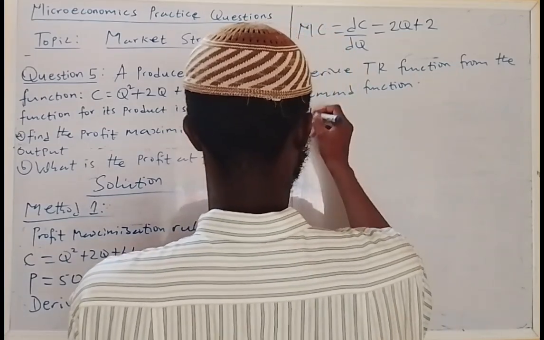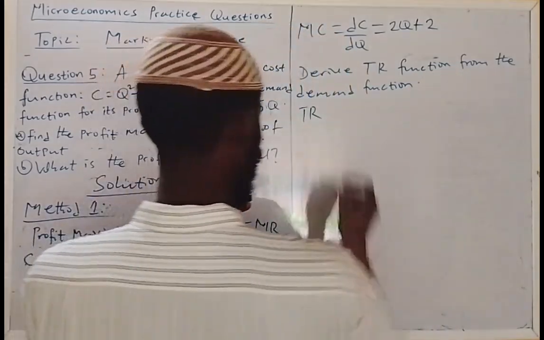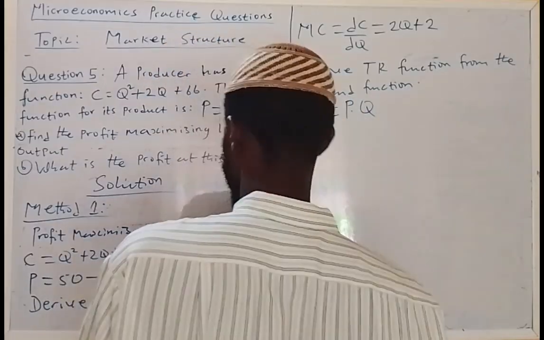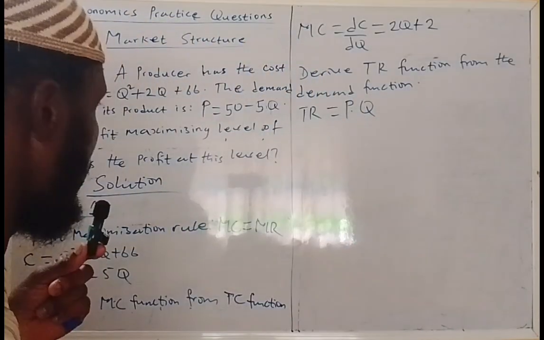Remember, the formula for calculating total revenue is P, the price of the commodity, multiplied by the units of output sold.